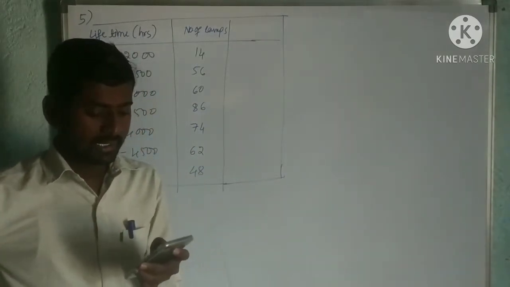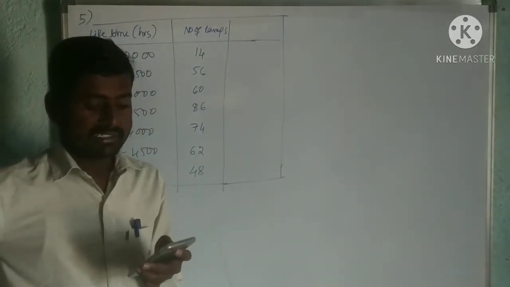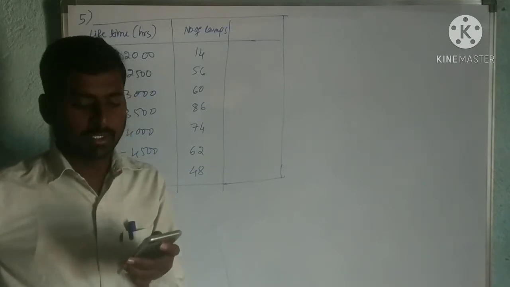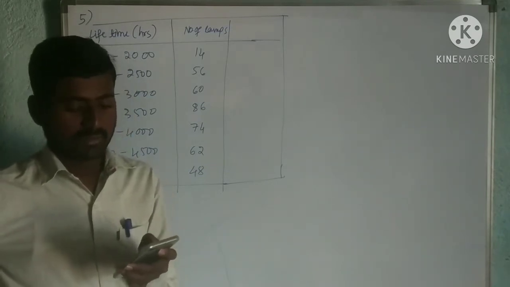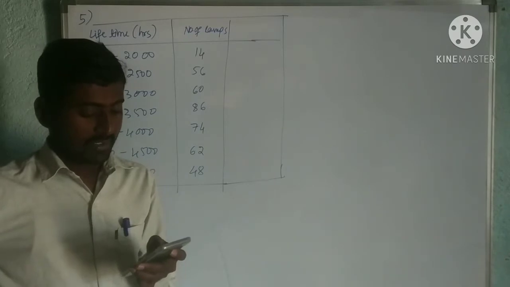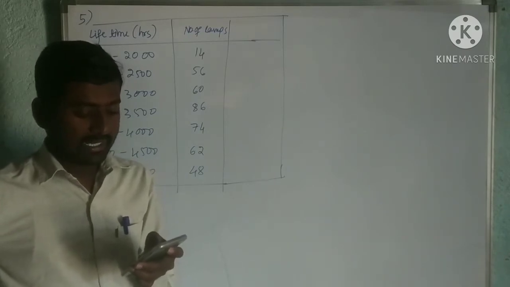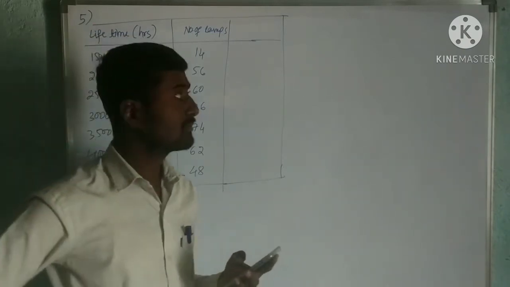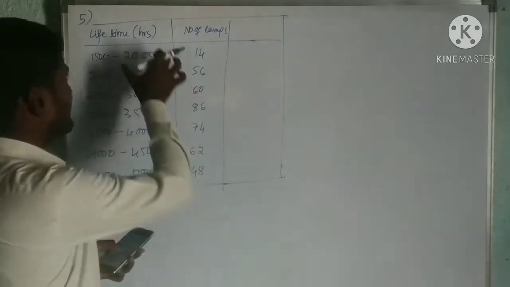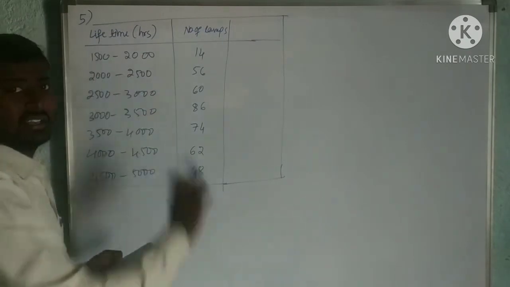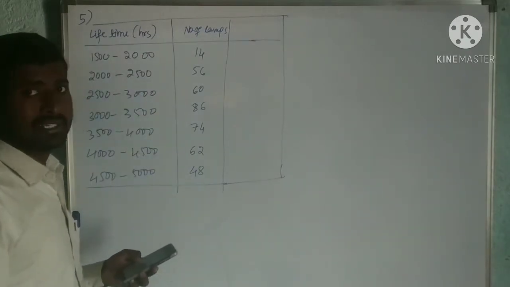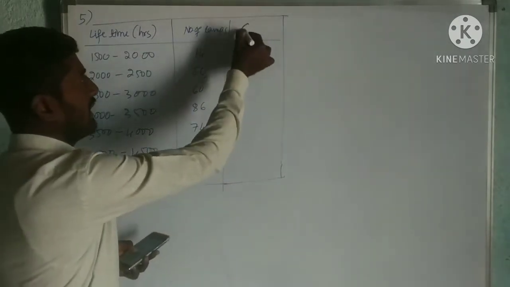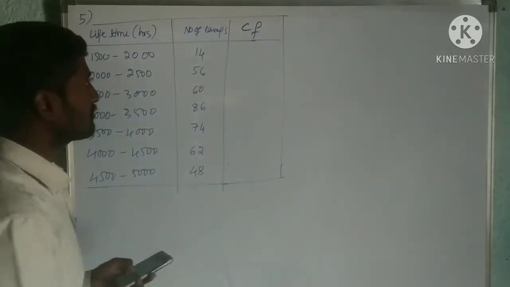Next, the fifth question. The following table gives the distribution of the lifetime of 400 neon lamps. The lifetime of lamps they have given. Find the median lifetime of a lamp. So this is the CI, given in hours. To find the median, I need the CF.